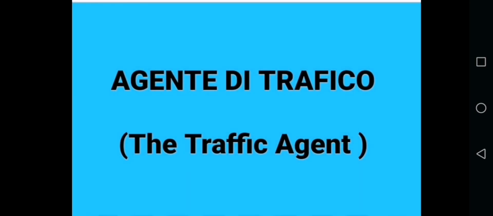The first one here is the agente di traffico. Even if there is a traffic light, even if there is a sign, even if there are other rules and regulations of the road, once the traffic agent is there, his rules govern above every other sign and every other traffic light.